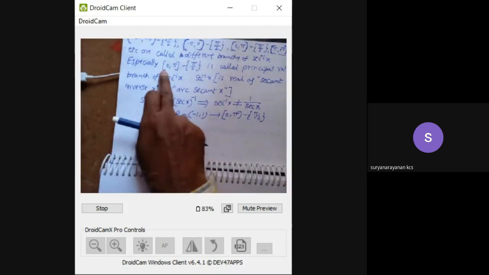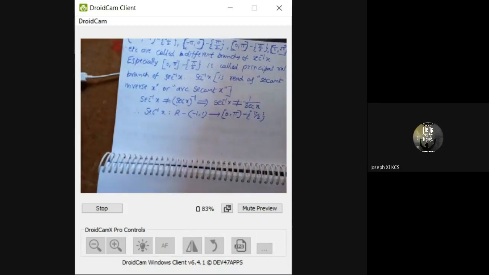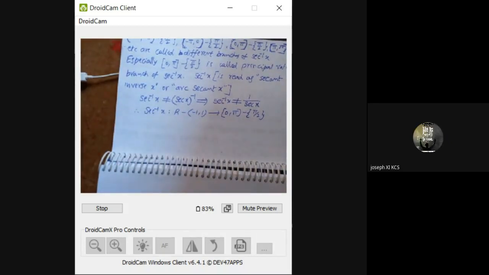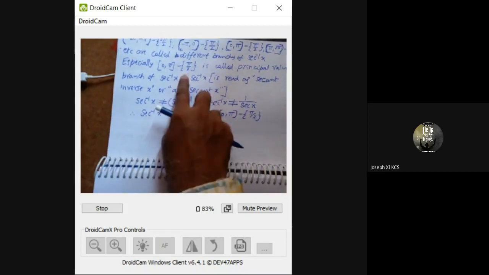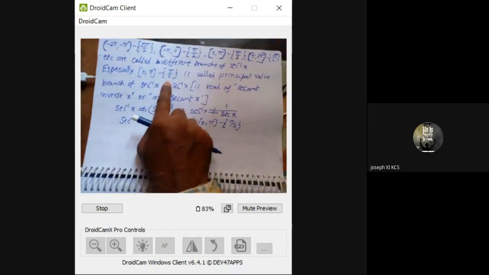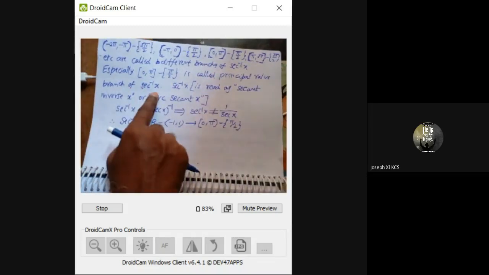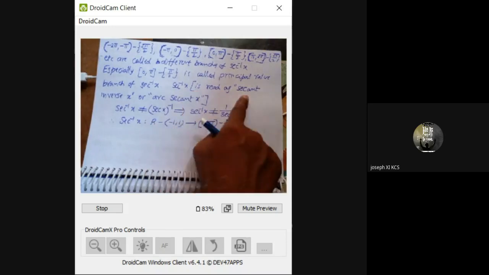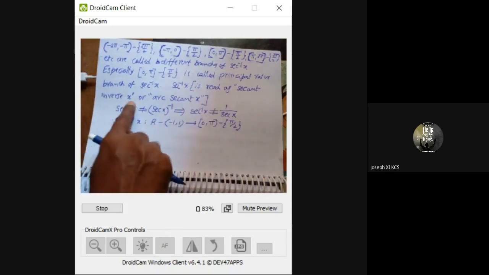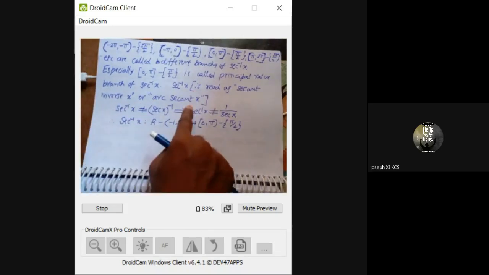Joseph. Now you read, Joseph. Okay, sir. Open interval of 0 comma pi minus singleton set of pi by 2 is called the principal value branch of secant inverse of x. Secant inverse of x is read as secant inverse of x or arc secant x, sir.